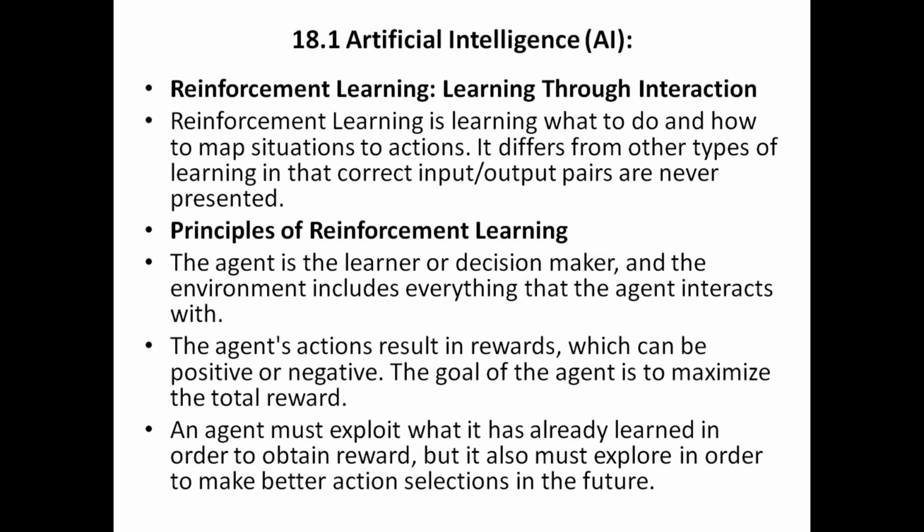The agent's actions result in a reward, which can be positive or negative. The goal of the agent, the learner, is to maximize the total reward. An agent must exploit what it has already learned in order to obtain a reward, but it must also explore in order to make better decisions in future.